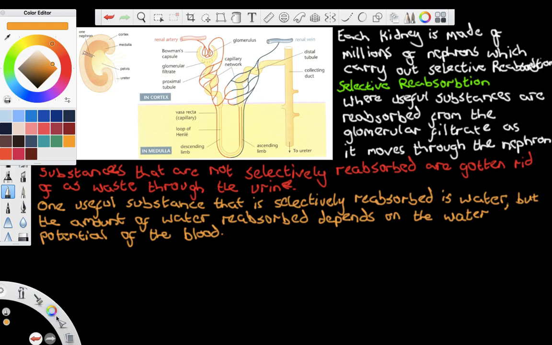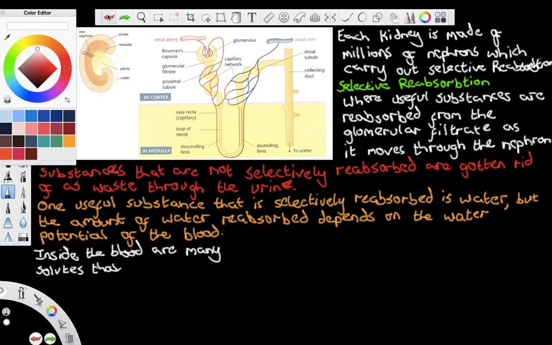So we can say that inside the blood are many solutes that change its water potential.